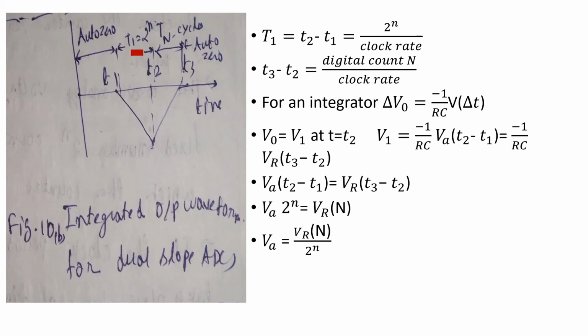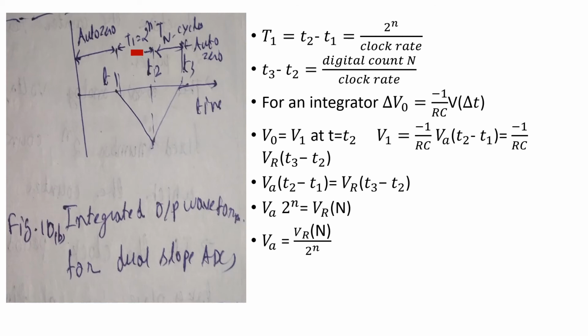It is 2 to the n clock pulses, so it is 2 to the n divided by the clock rate, because frequency is 1 by time period. T3 minus T2 gives the digital count, how many counts we have, since it is not the whole count divided by the clock rate. For the integrator, the formula is delta V0 equal to minus 1 by RC V into delta T, integrated from T1 to T2. So V0 is equal to V1 at T equal to T2.